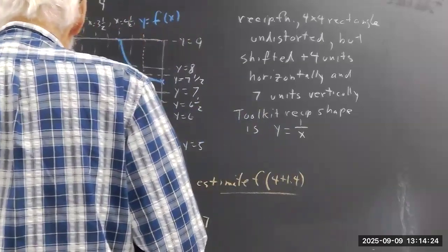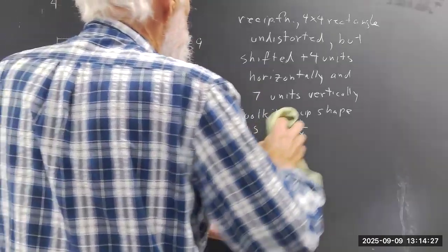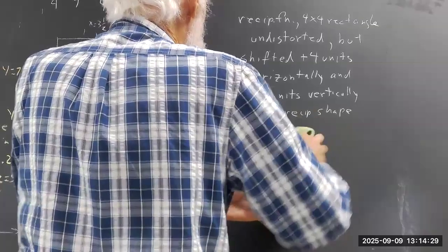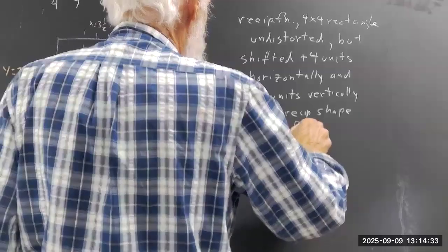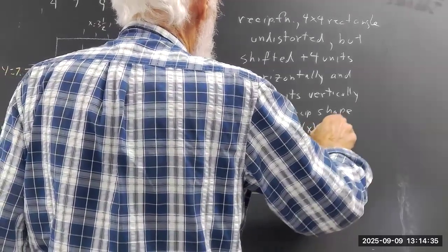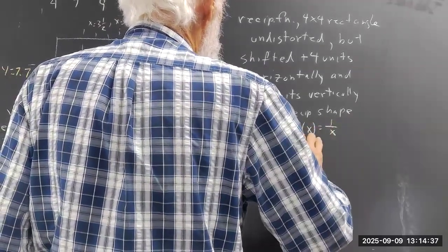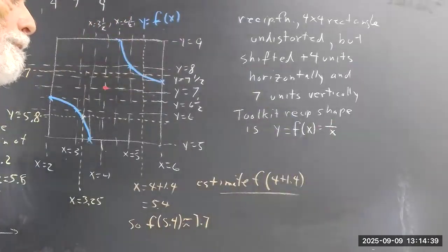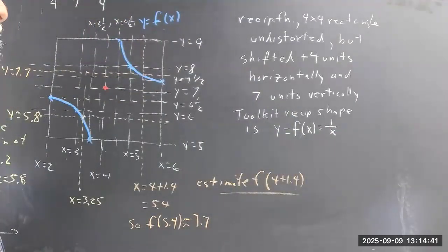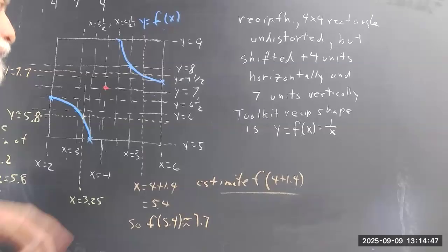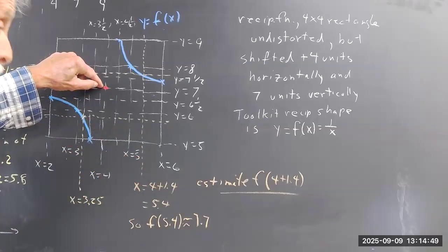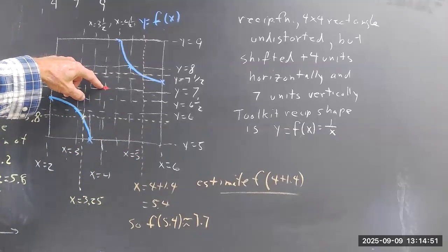I'm going to say y equals f of x. And now we want to get the function undistorted.